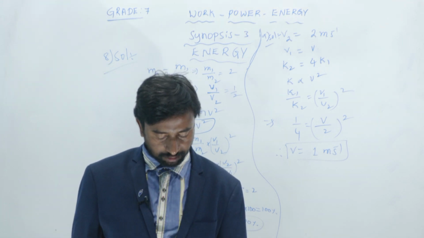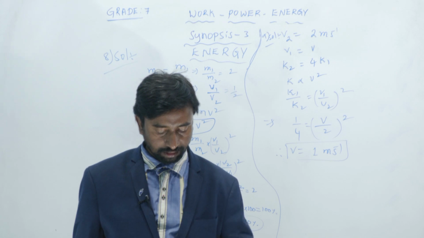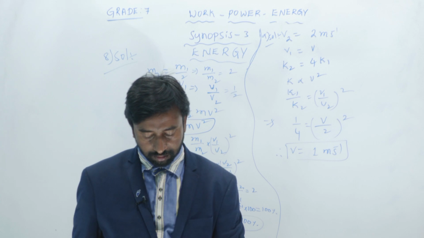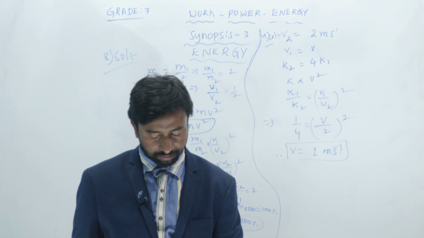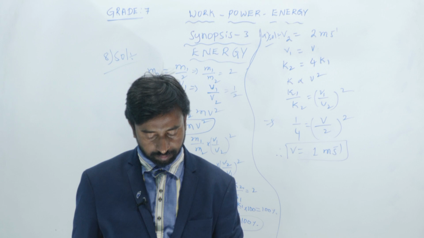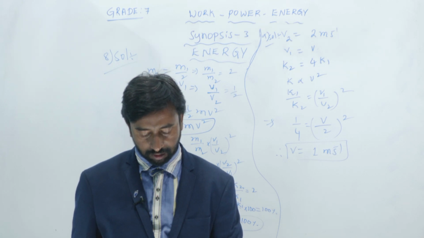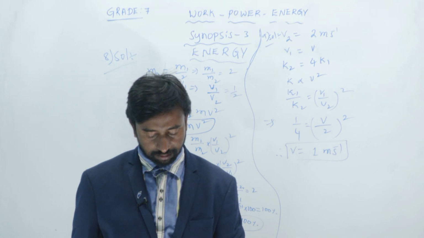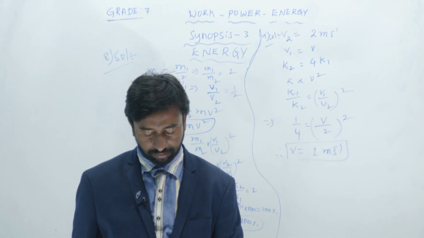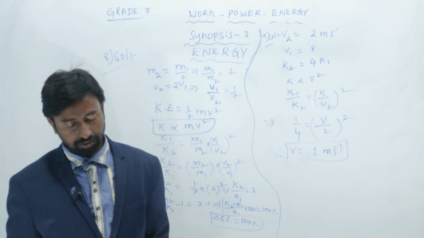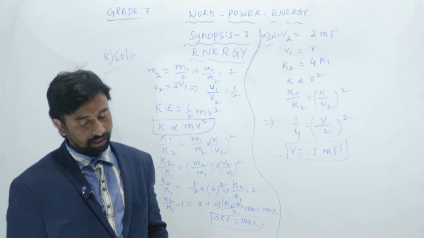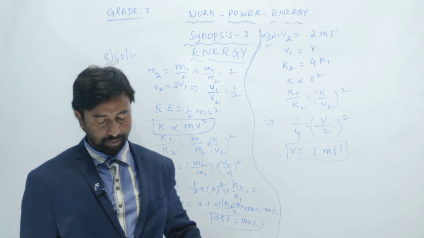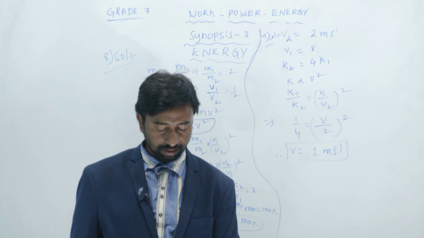Okay, the 12th one is given here: an empty car moving with a certain velocity on a frictionless road can be stopped at a certain distance.